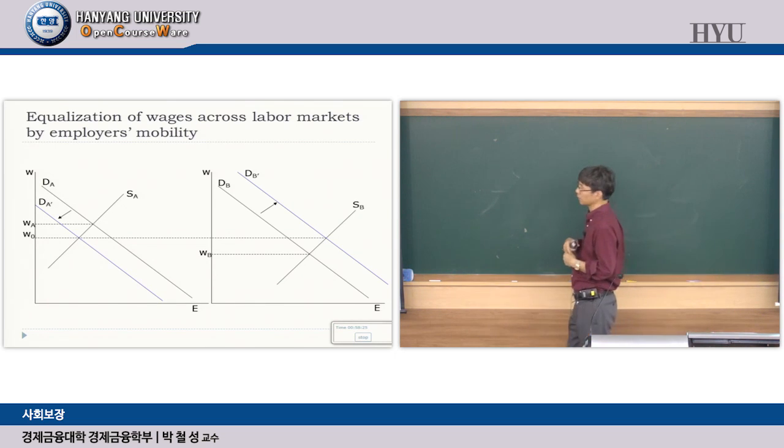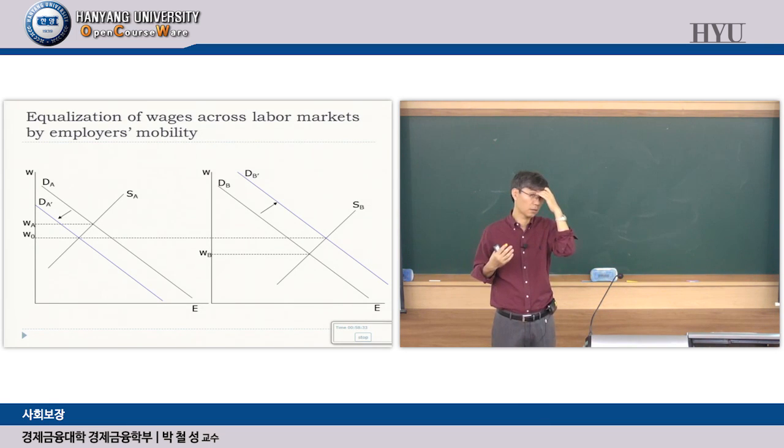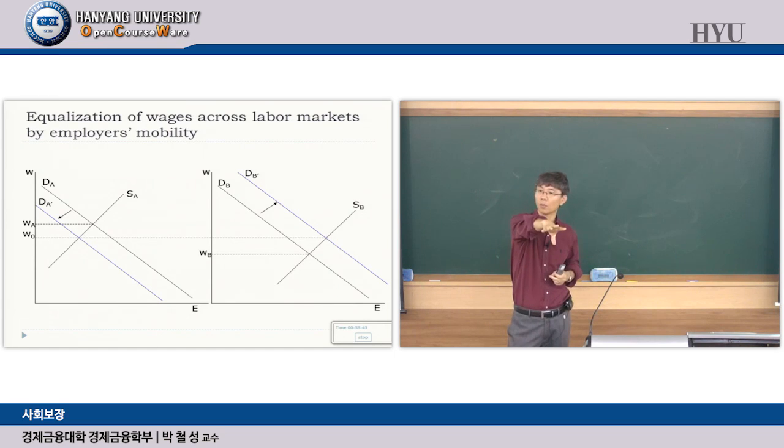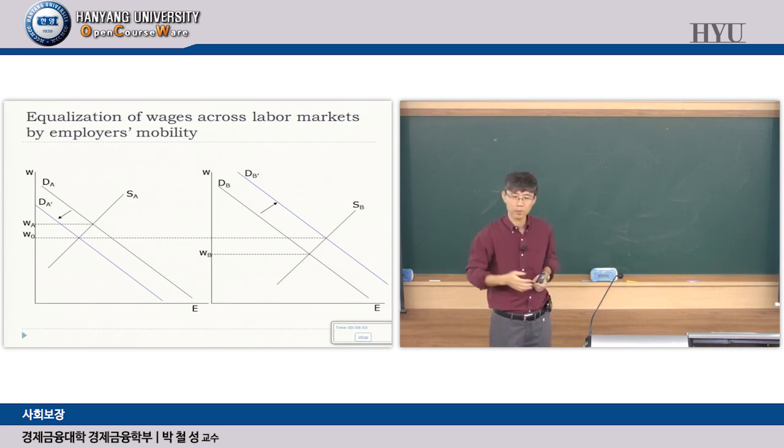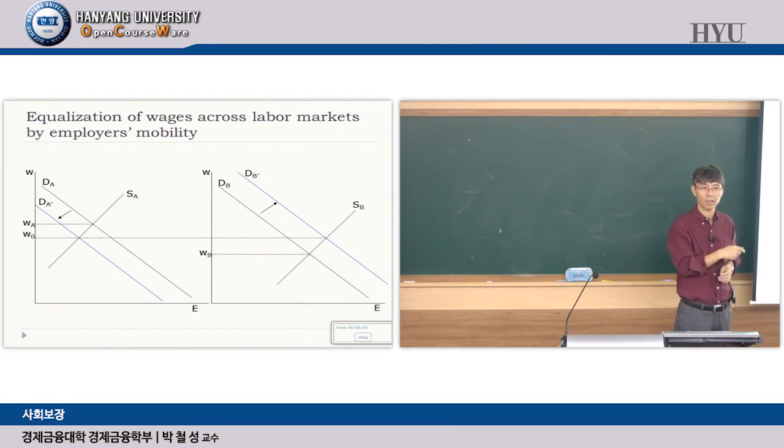Actually, in the real world, you see this tendency of wage equalization. For example, think of Chinese wages. The Chinese wage is much higher than, let's say, 10 years ago or 20 years ago. Because Chinese wages were so low, lots of firms went there and set up their factories, and that shifts up the labor demand. So we can think of this as the Chinese labor market.